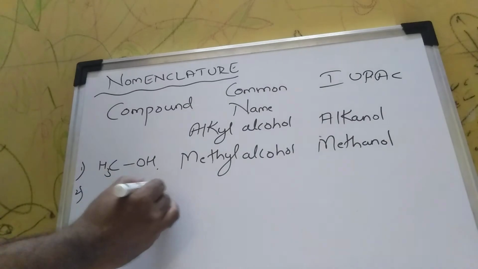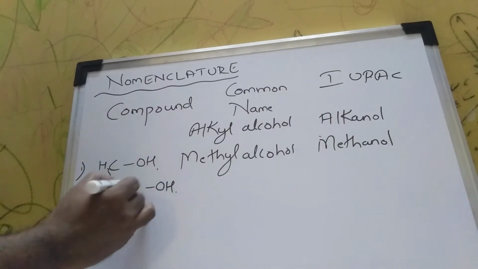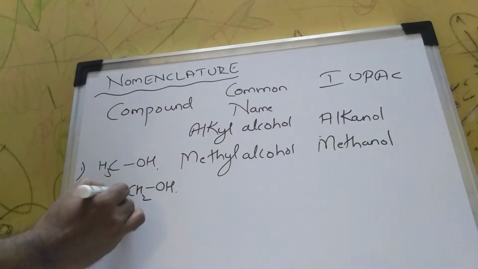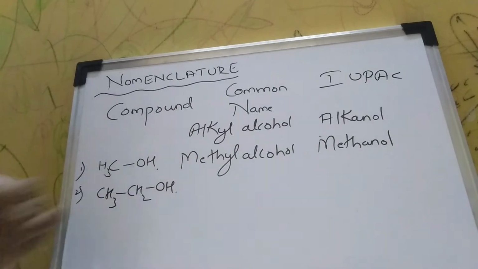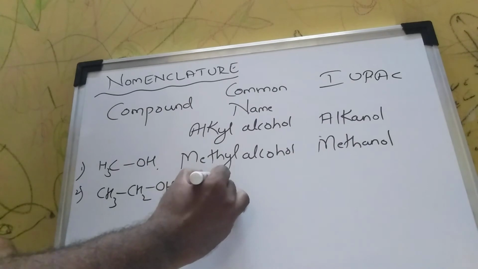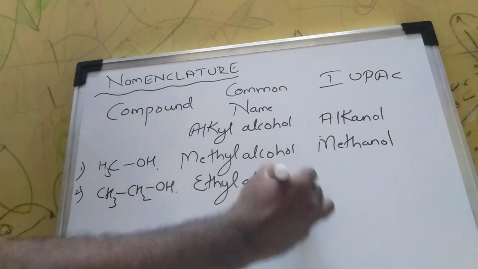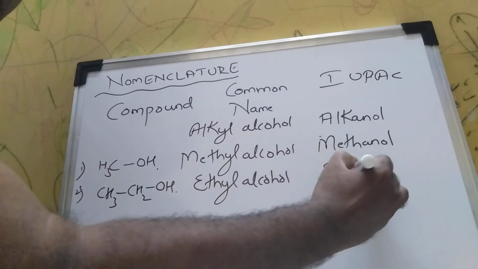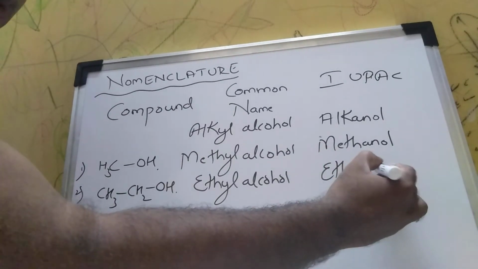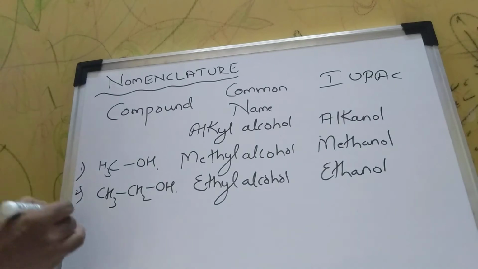Second, OH, CH2, CH3, 2 carbon atoms, ethyl alcohol. Alkane, ethane, remove the word E, add OL, ethanol.